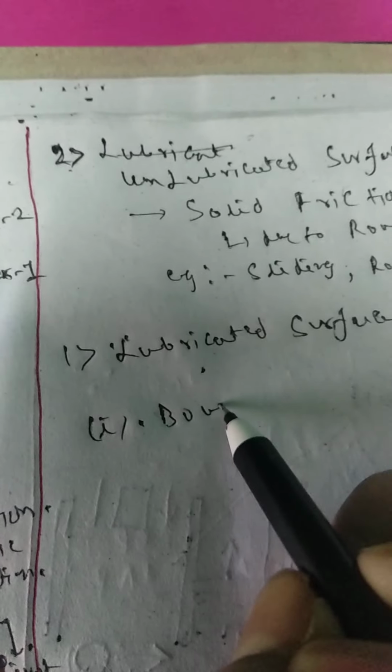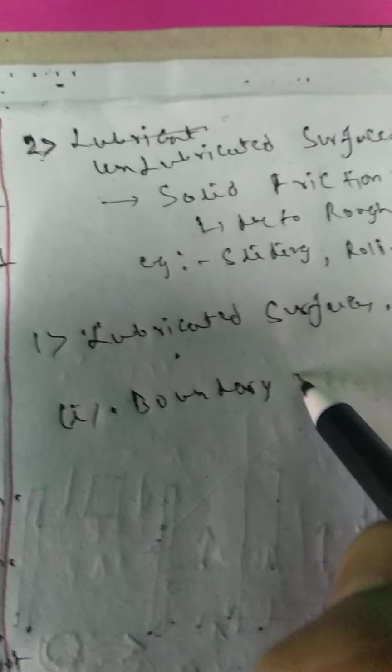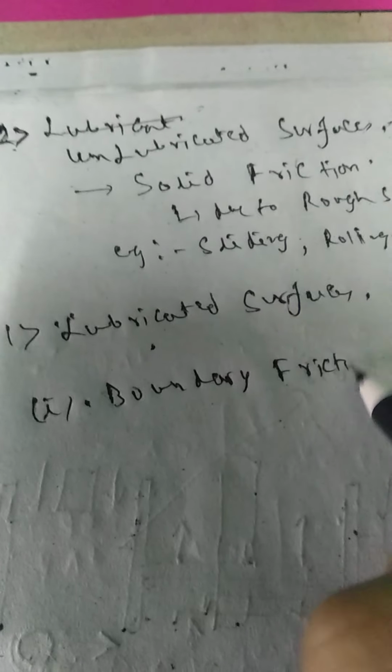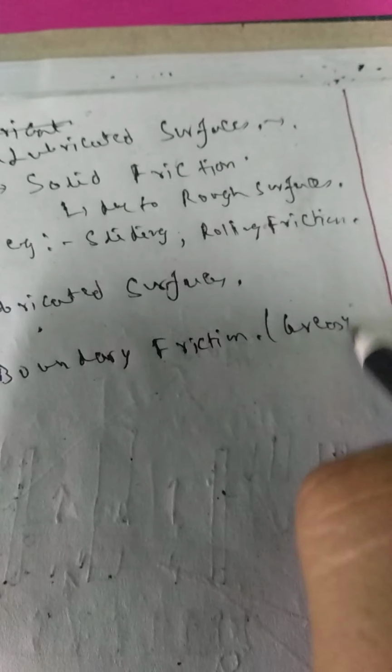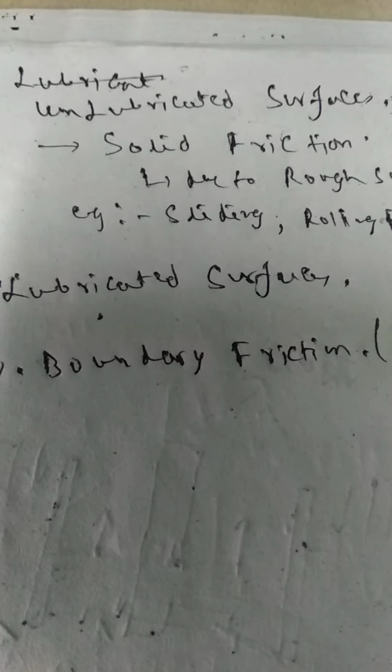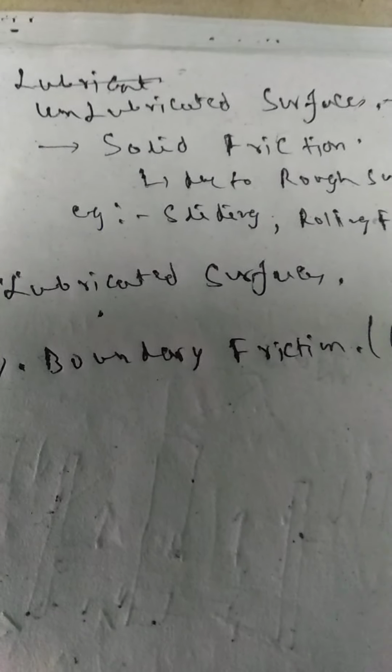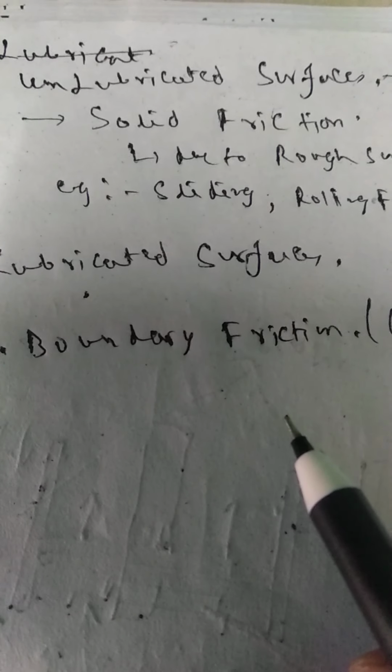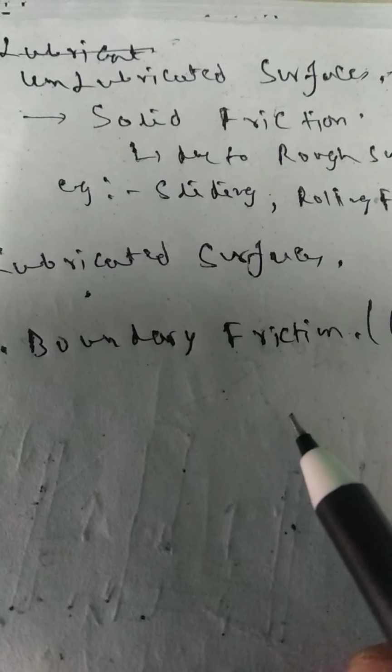The first is boundary friction, also known as greasy friction. Boundary friction is the friction between two surfaces when they have a very thin layer of lubrication.